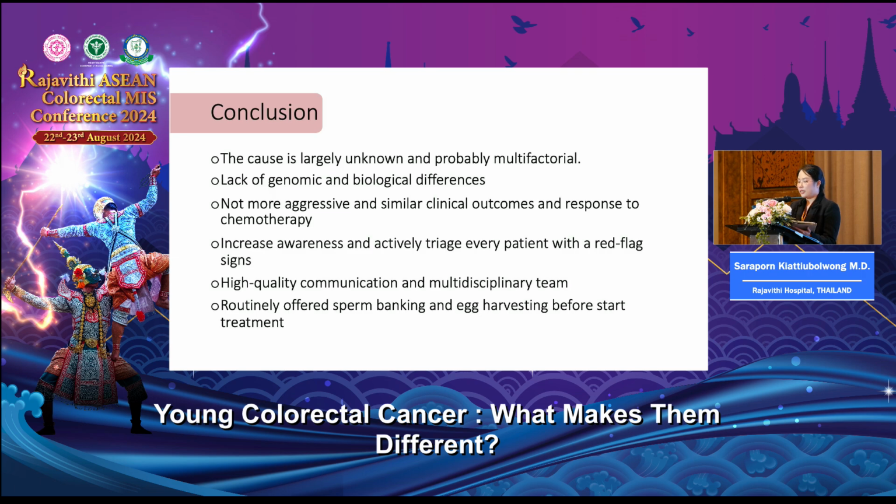The pathologic picture of the two groups may be a little bit more aggressive, but not by much. So we should increase awareness and start screening actively, because benign-appearing bleeding like hemorrhoids does not always come from benign disease. Maybe it can come from cancer.